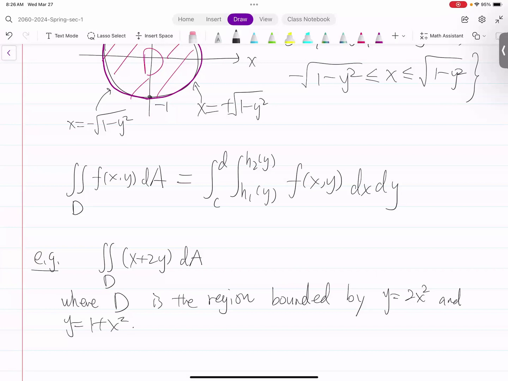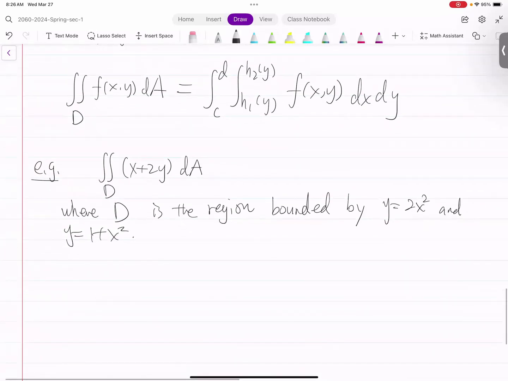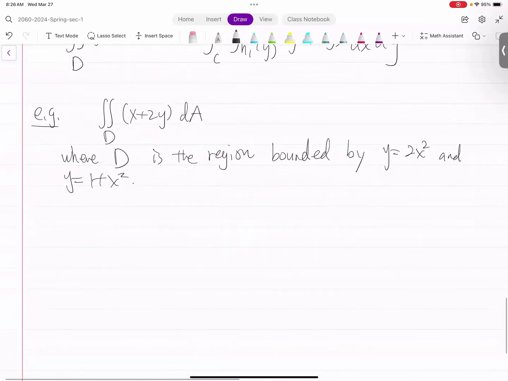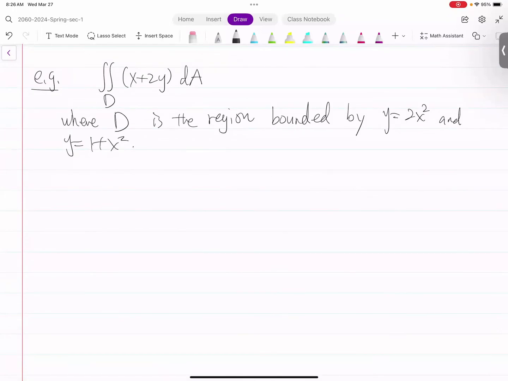So here you can see the boundary functions are not so complicated, but then we want to describe the region D. Okay, so definitely we have to do some geometric representation of the region. Geometry of D.